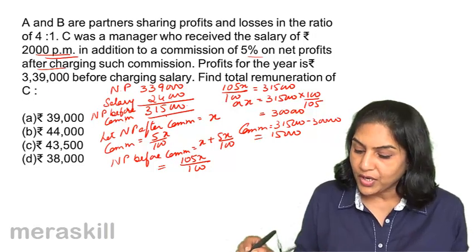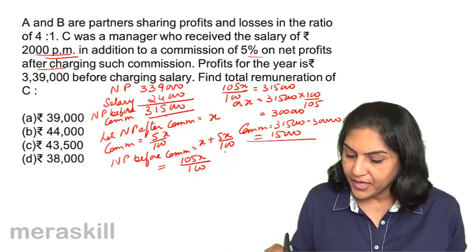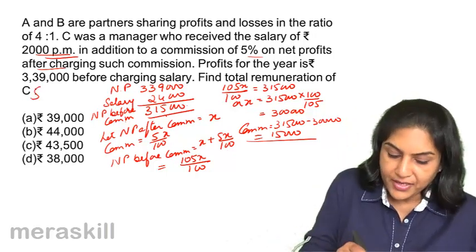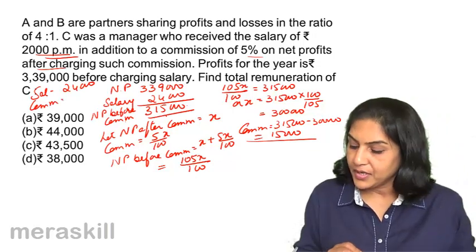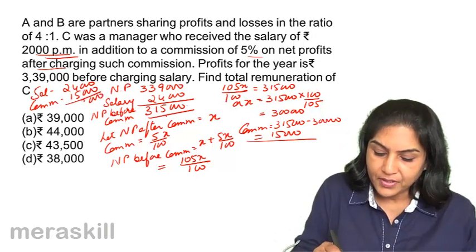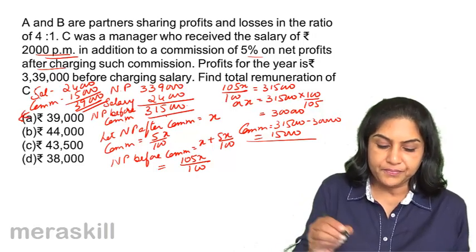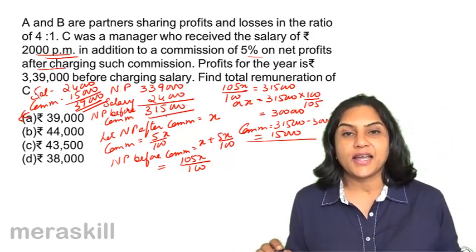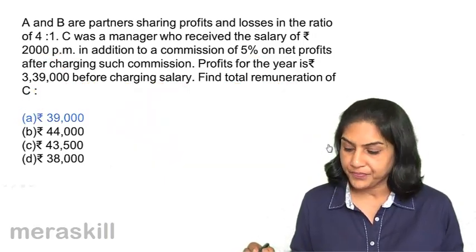So what is the total amount? Total amount would be salary 24,000, commission 15,000. 39,000 would be the total amount. So A 39,000. Correct answer should be A 39,000.